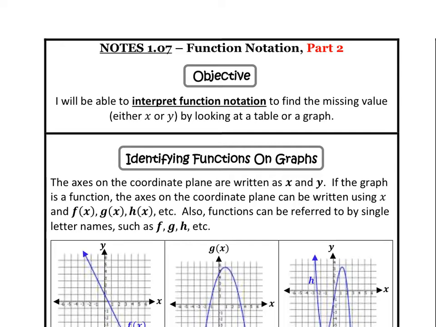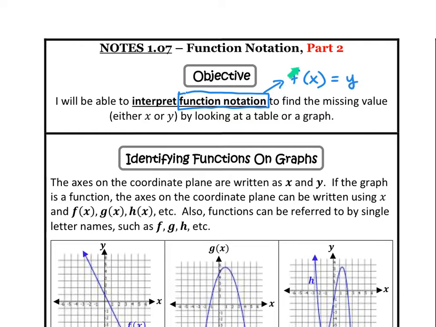Okay, so today we're going to be talking about how to interpret function notation to find the missing value, either x or y, because last time we talked about how function notation is written in a certain form, right? When we were talking about function notation, it looked like this: f of x equals y.